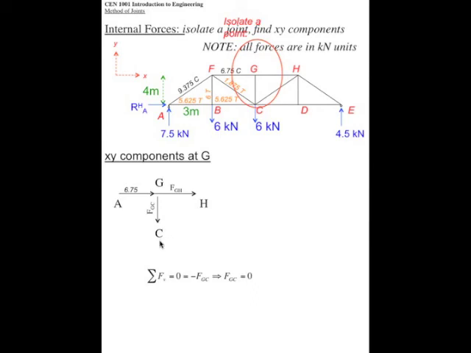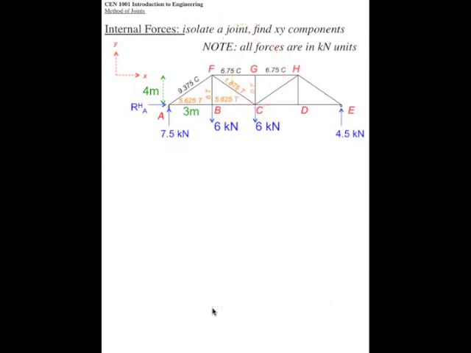So GC is 0. Summation of horizontals, we have 6.75 plus GH. Well, if we solve for GH, it comes out negative. Therefore, we know that was a bad assumption. So we know that it's in compression. The arrow should go in the other direction. 6.75 compression. Okay. So now let's isolate point C, because there's only two unknowns.